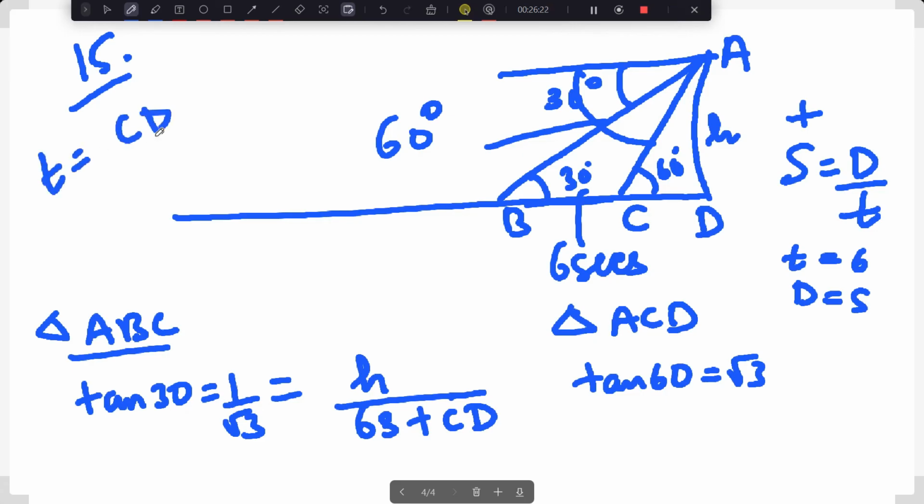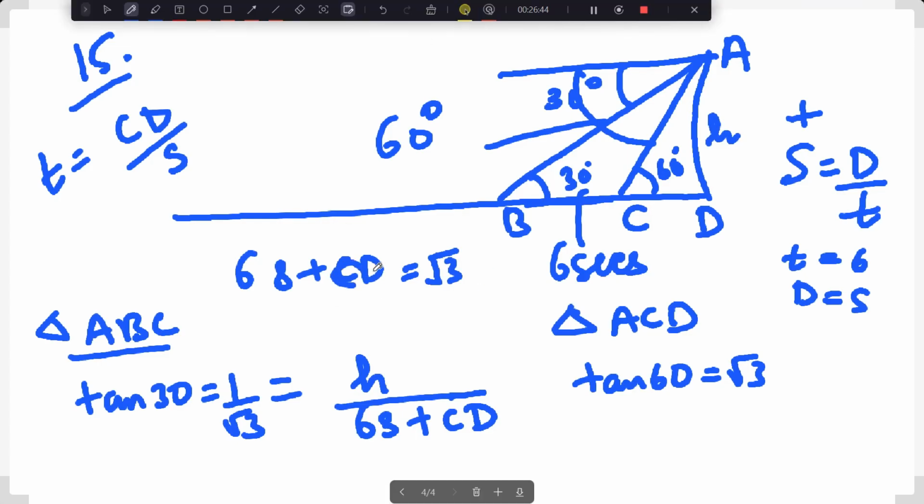Distance upon speed. Speed is s. So हमको CD निकालना है, हमको s निकालना, हमको सब कुछ निकालना है यहाँ पे भी बैठ के. तो we are going to figure it out. तो पहले ये है, ठीक है. तो एक इक्वेशन आपका बना 6s plus CD is equal to √3h. बहुत अच्छा सा नहीं लग रहा है, आप इसको x भी कर सकते हो.